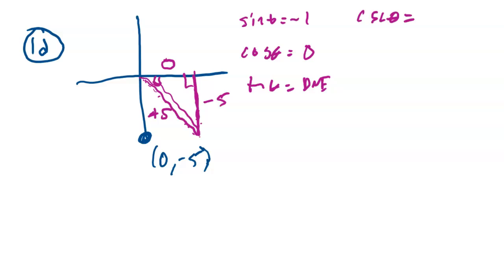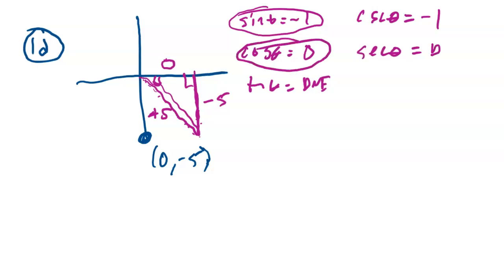This is going to be this flipped, so it's still -1. Secant theta is going to be the reciprocal of that, so it does not exist. And then finally, cotangent theta. Let's go back to the triangle. Tangent is opposite over adjacent. So cotangent is adjacent over opposite, so this should be 0. Anyways, I don't like it.